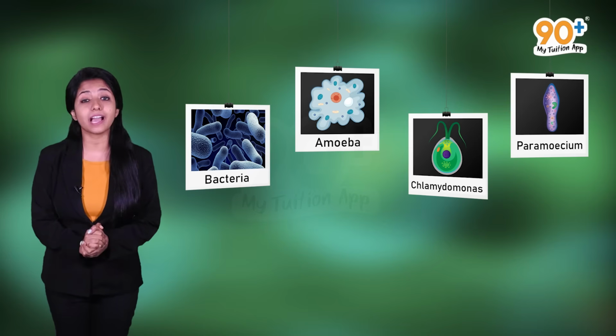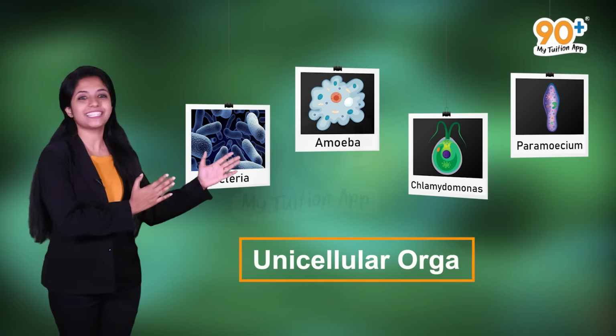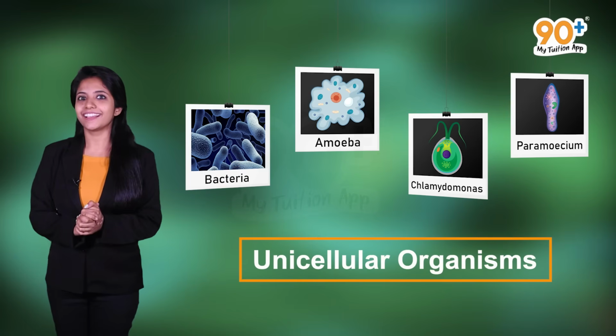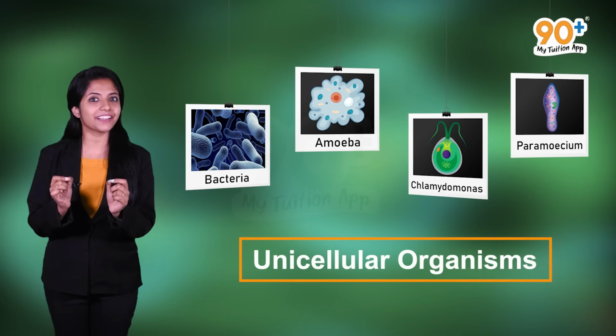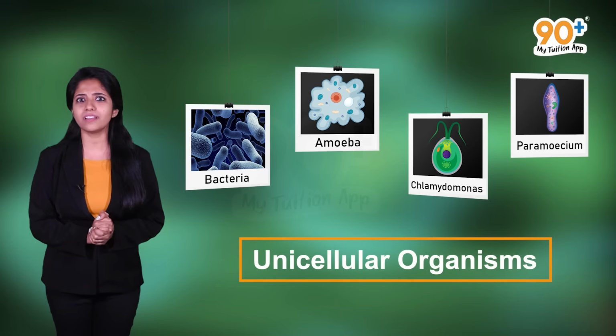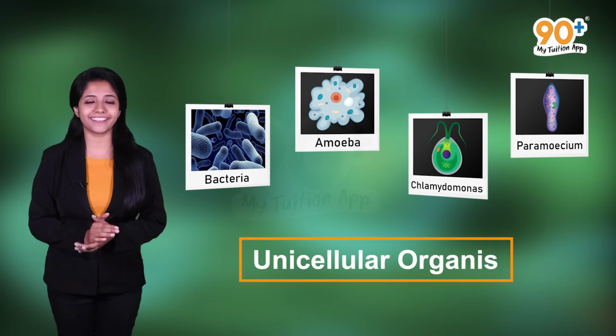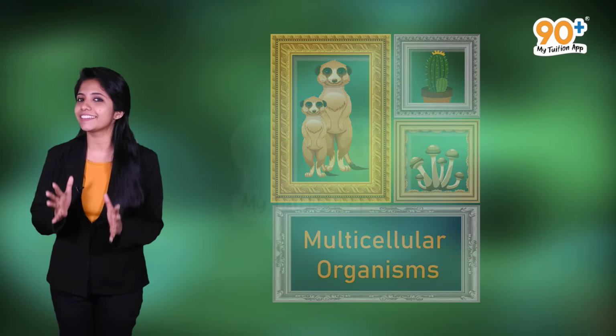And that's why they are known as unicellular organisms. Their whole body is just a single cell. Oof, I wonder how they manage everything. Now on the other hand, there are organisms like animals, plants and fungi which are multicellular organisms.